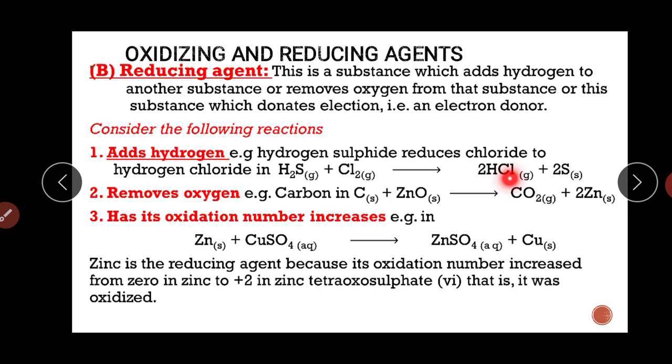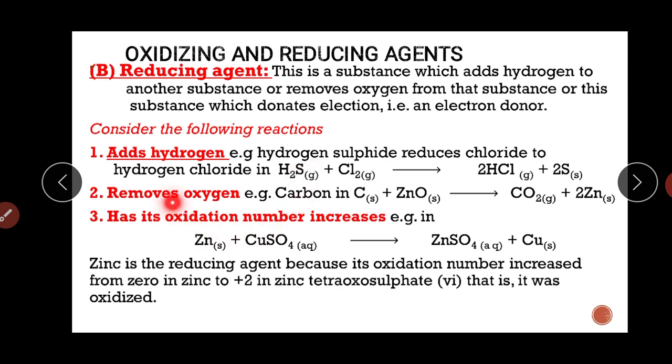You can see that in this reaction there has been addition of hydrogen to the chlorine, and what does the addition? The hydrogen sulfide. So this is the reducing agent here.